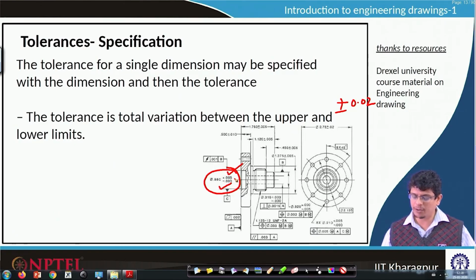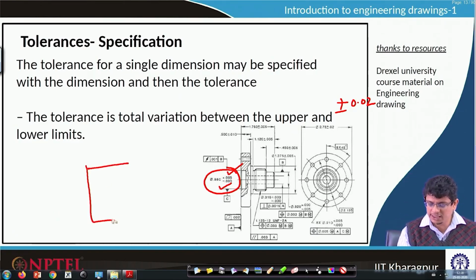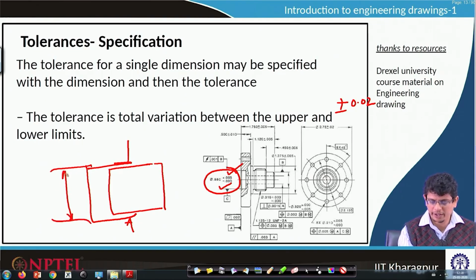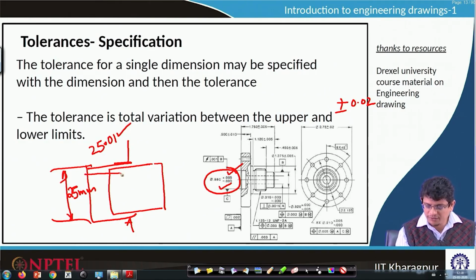For example, if this is the object in which I would like to put a cylinder, and I want 25 mm for that, anything above 25.01 is preferred, but if I go below, it will be somewhere around here.